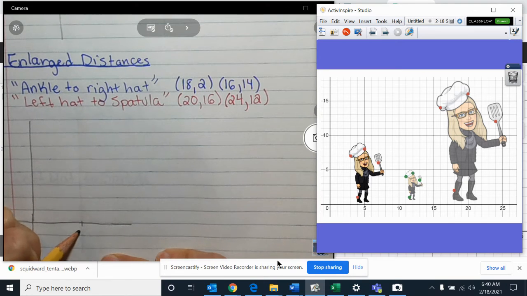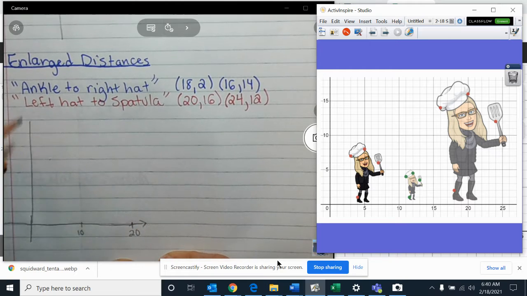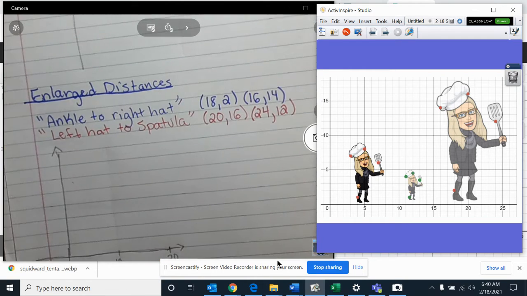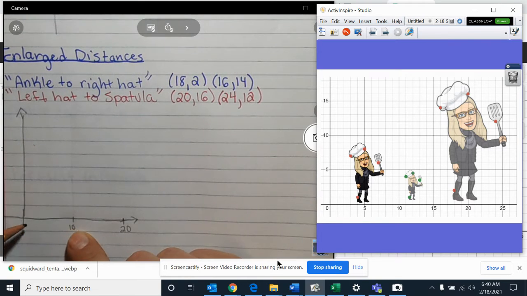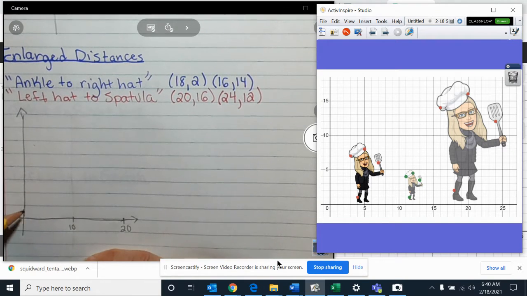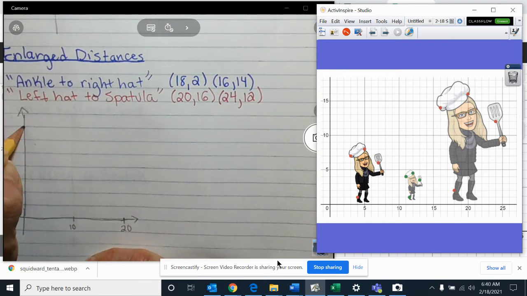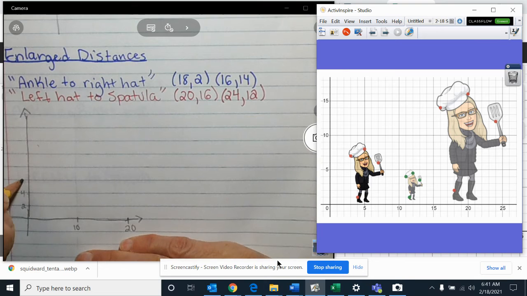So I'm going to say that this is 10 and this is about 20. Just to create a picture so we can have our triangles. So this is 10 and 20. And then let's see, we need to go all the way up to 16. So let's see if we did this 2, 4, 6, 8, 10, 12, 14, 16. It will be enough. So we'll go up by 2s.